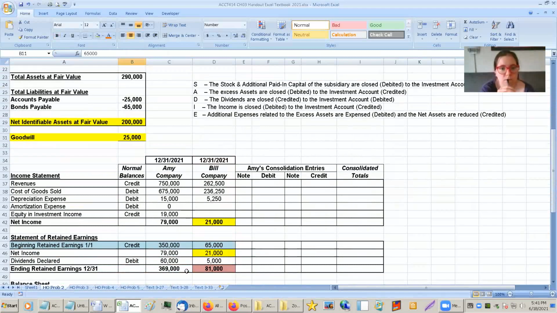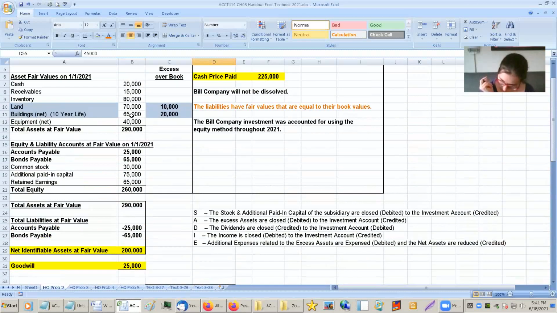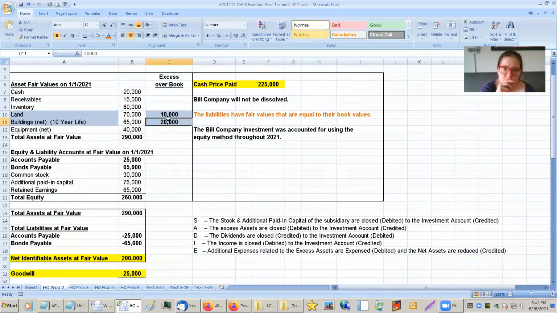If you look down here, they have buildings on the books at 45,000, and we say at fair value they're 65, so with an additional 20,000, we have to depreciate that additional 20,000 over the 10 years. They're depreciating at 45,000, which they should, but because the fair value is higher, we have to depreciate the additional amount.